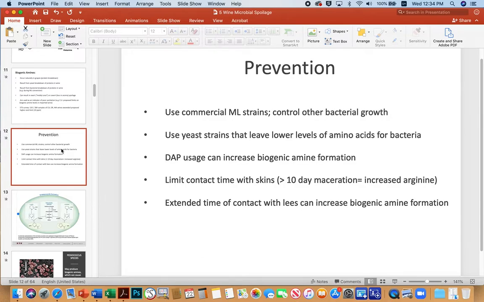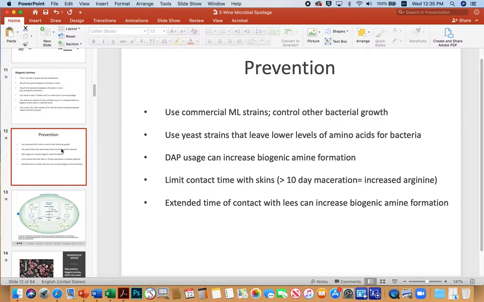And obviously DAP, diammonium phosphate, usage can increase biogenic amine formation. It shouldn't, obviously, I should say, if you're not overusing it. It could cause problems, because DAP is a nitrogen source, and the microbes can take that nitrogen and use it to make amino acids. And obviously, more amino acids equals more biogenic amine production.